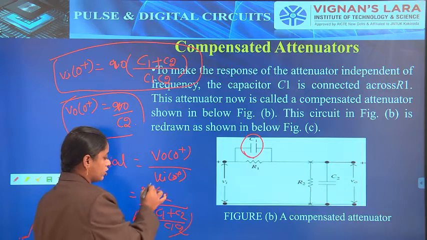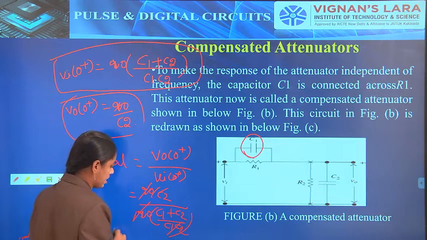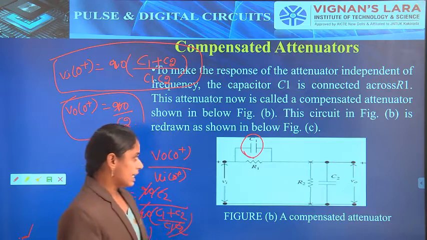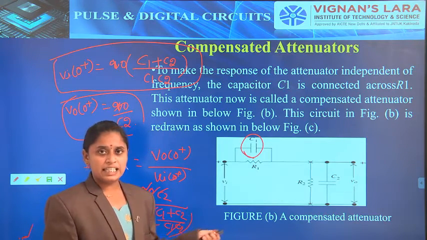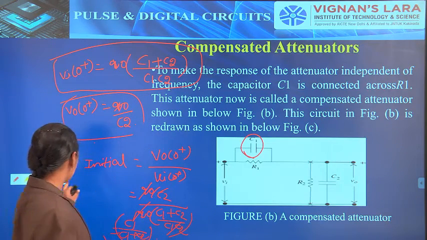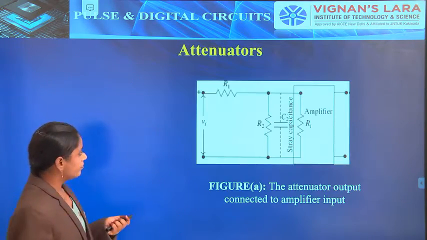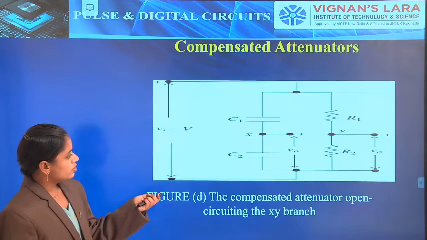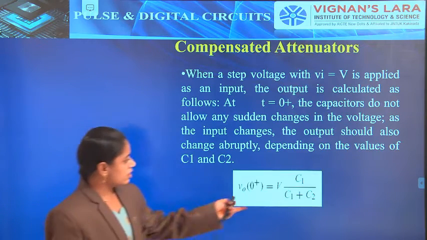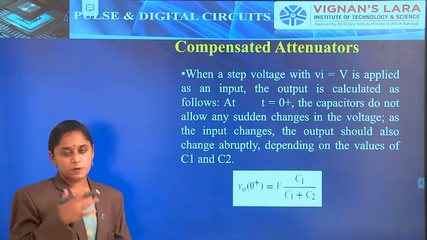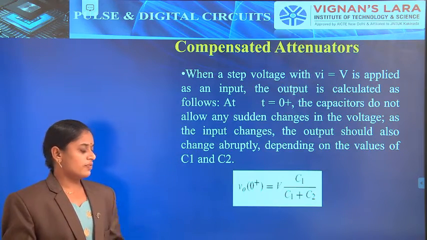Q0 cancels and C2 cancels, so at t equal to 0 plus we finally get C1 by C1 plus C2.